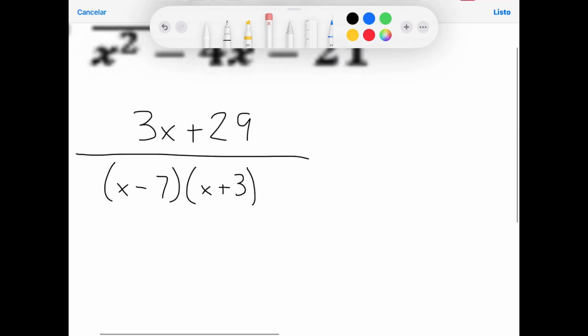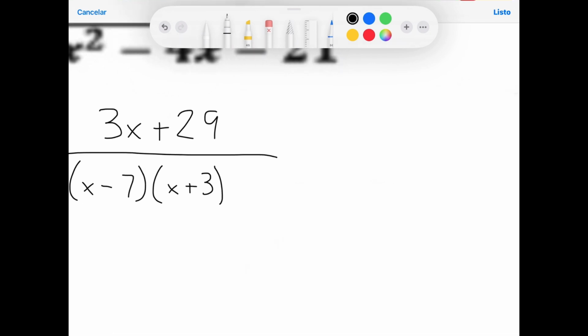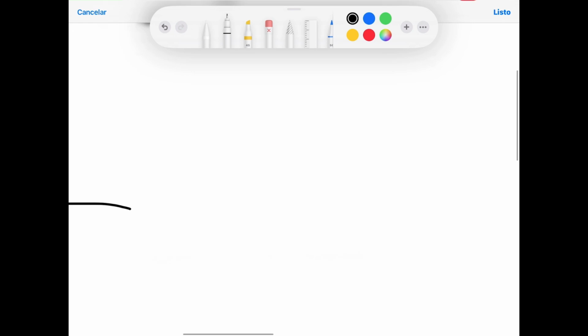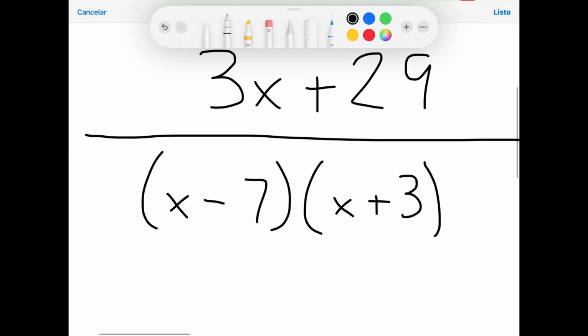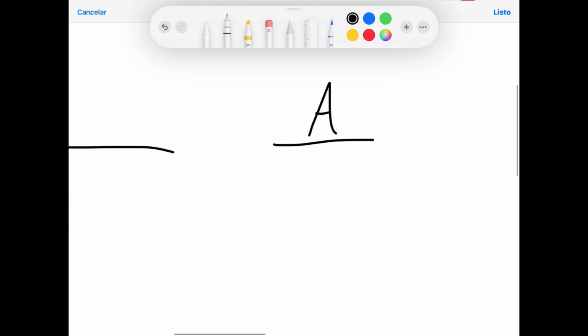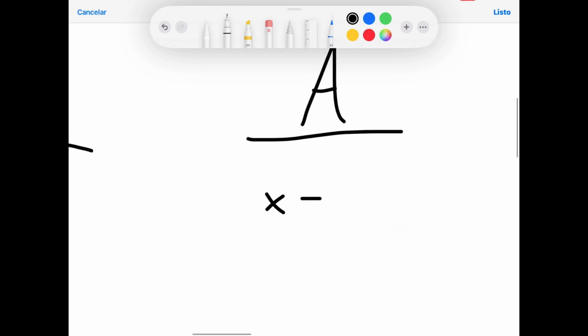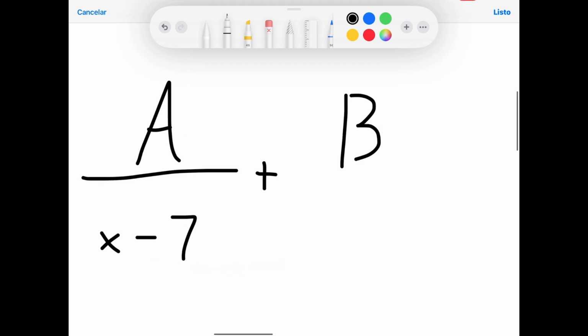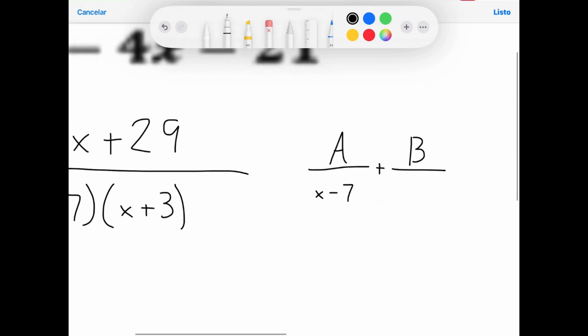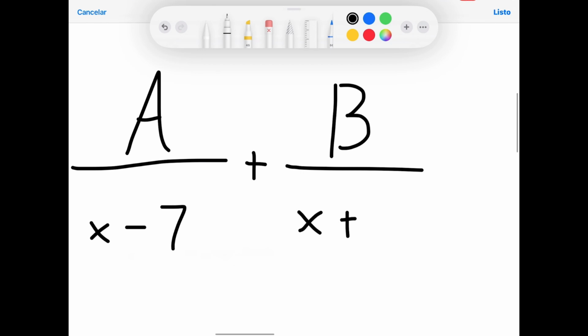Now, the second step is to use the first formula of the chart I showed before this. So the formula that we're going to use is a divided by the first of the denominators, that is x minus 7, plus b divided by the other one, that is x plus 3.